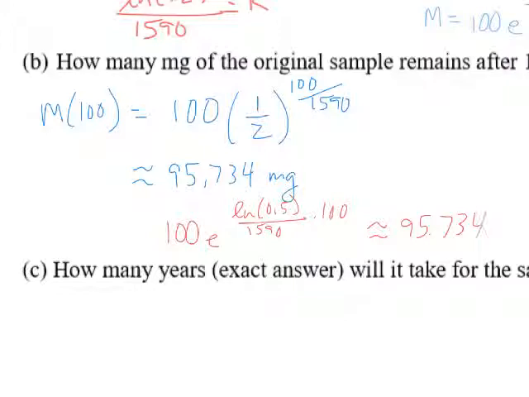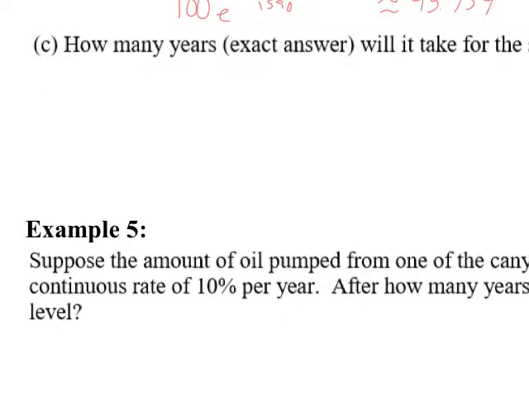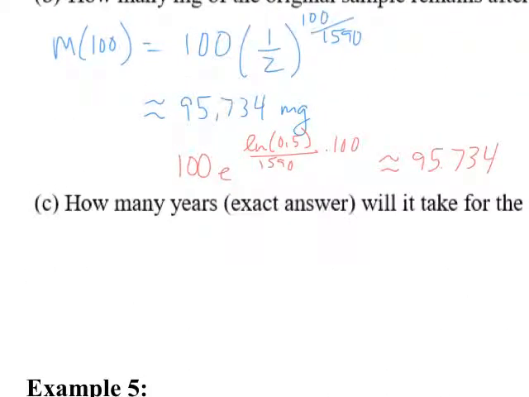Okay. Finally, after this part, we asked one last question, which is, how many years, exact answer, will it take for the sample to have only 3 milligrams remaining? So we can use the simple equation of the 1/2 raised to the t over 1590.